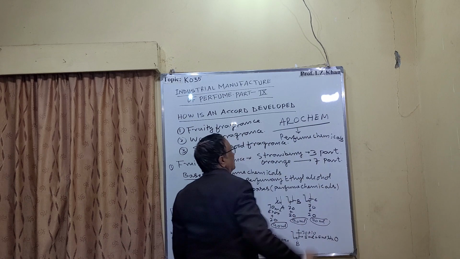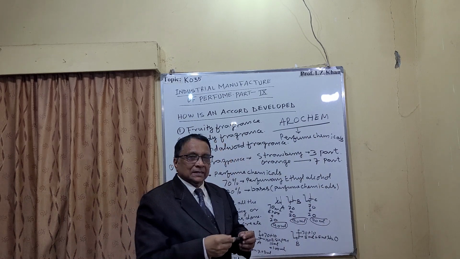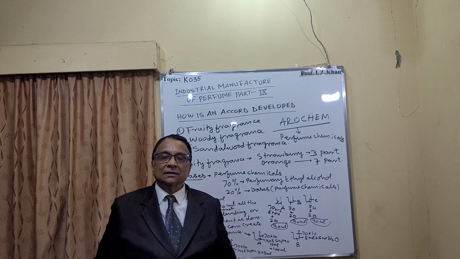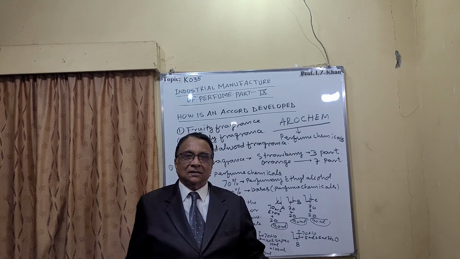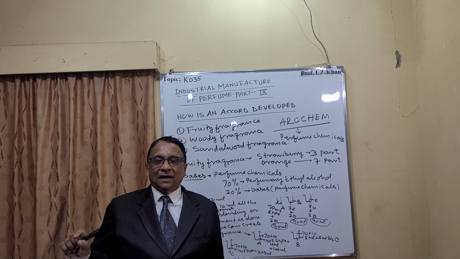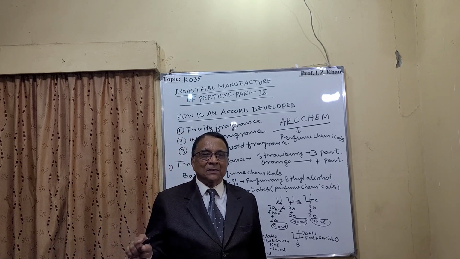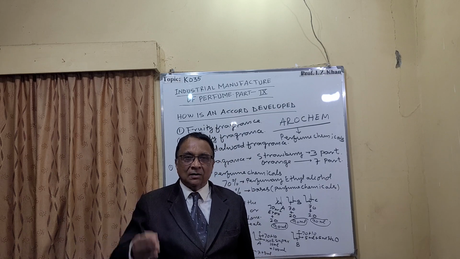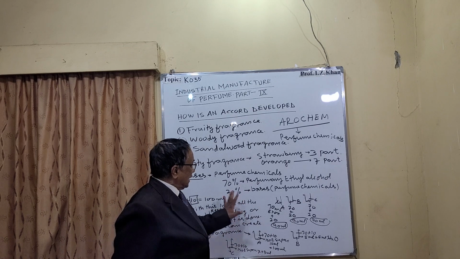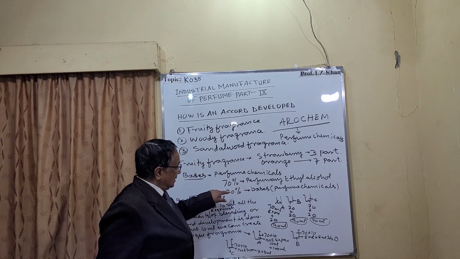And this company, Arochem, is located in Ahmedabad city, the state is Gujarat. And online you just check that you want some perfume chemicals, the list, and the whole list will appear. You select it. So that is called perfume chemical. That perfume chemical you have to add 20%.